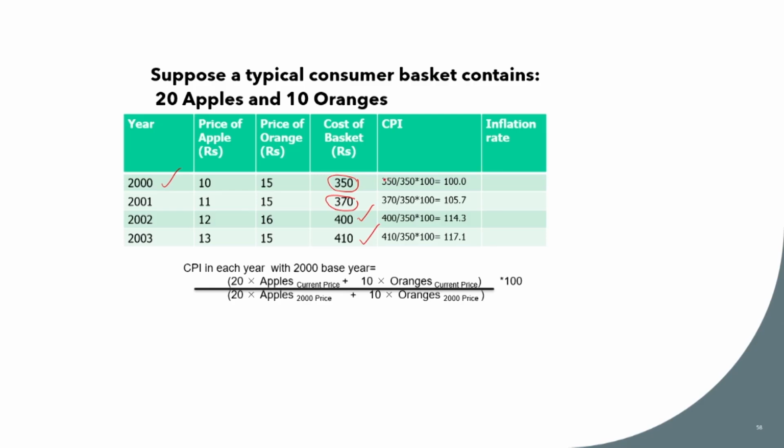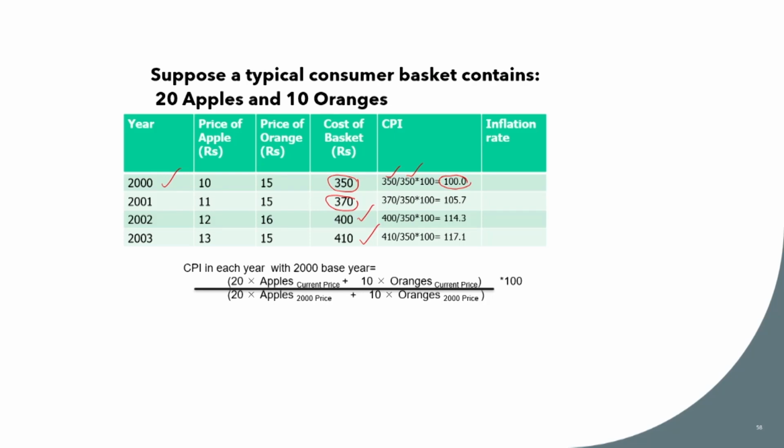The cost of the basket in the year 2000 is 350, and since we are taking 2000 as the base year, the cost of the basket is the same. So you are going to get 350 divided by 350 times 100, which is 100. It also shows that in the base year we always get 100 as the CPI, the price index.